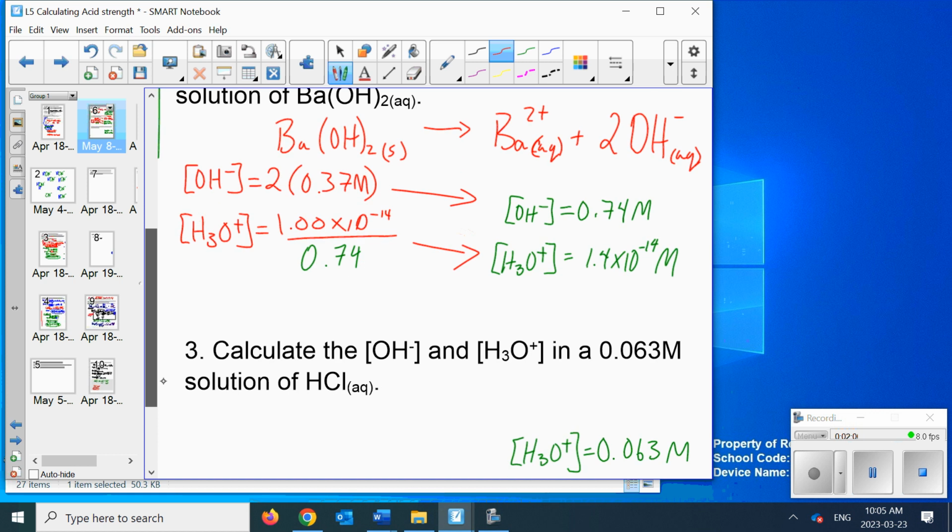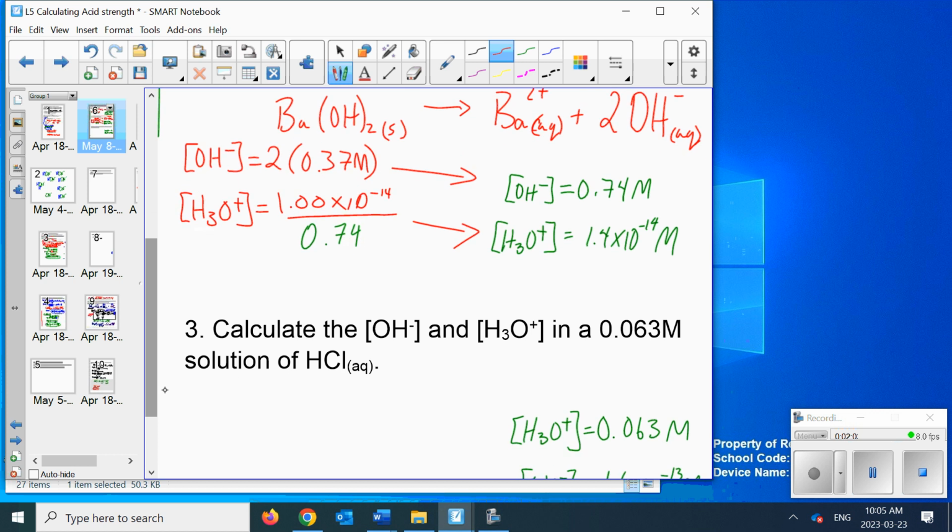Defining the HCl equation. Acids are way easier to locate. So I've done my water as well. Acids will add to water.